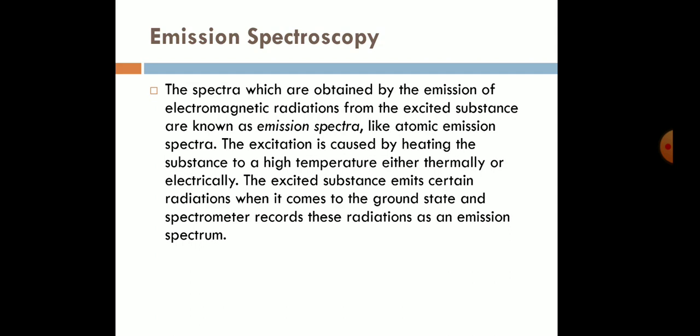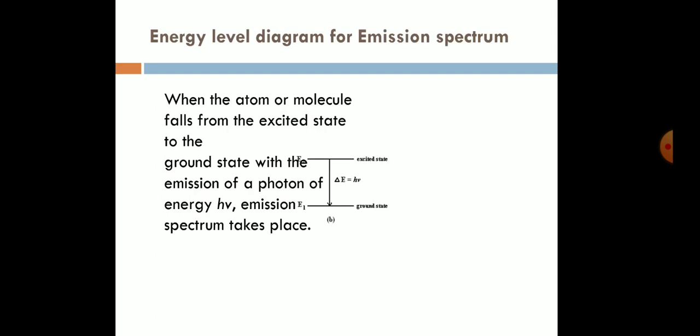So an excited substance, when it comes down to the ground state, emits radiation of a fixed wavelength or frequency, and it is recorded with the help of a spectrophotometer, and it leads to the emission spectrum. See this figure.